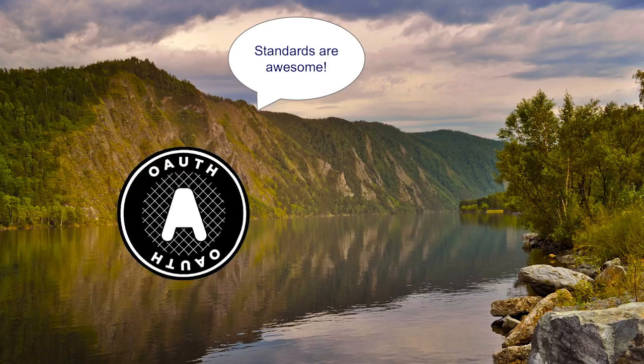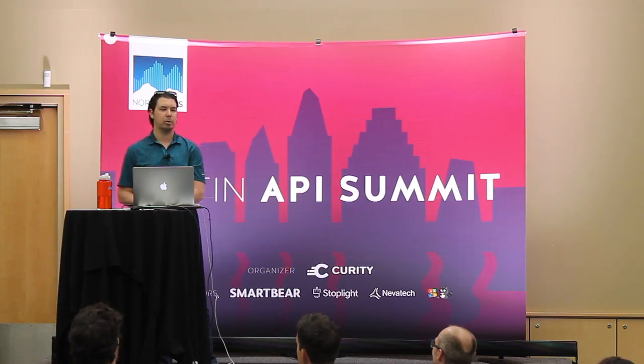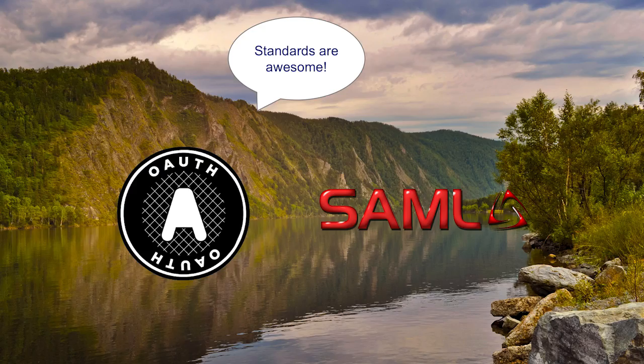So OAuth had come on the scene and was starting to get a pretty good market share. This was the OG OAuth, not OAuth 2, but it standardized authorization. SAML also was out there doing a standardization for single sign-on or federated identity, and so it had gained a lot of popularity too.